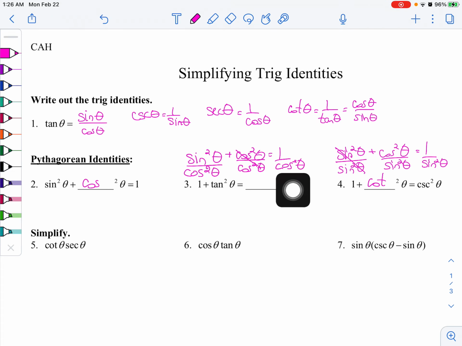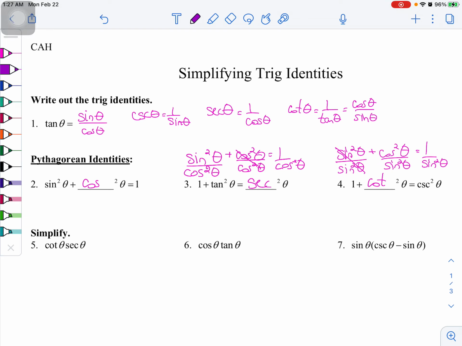Cosine squared divided by cosine squared is 1. And then 1 over cosine squared theta would be secant squared theta. So you guys, honestly, I don't memorize these two. I just know how to generate them. So use what you need to.